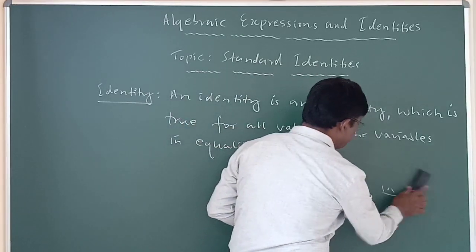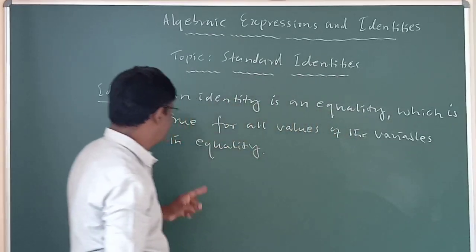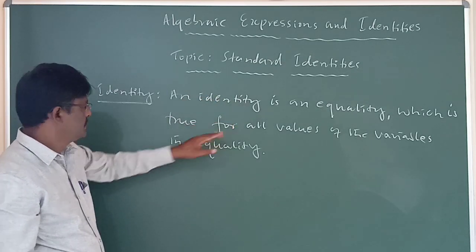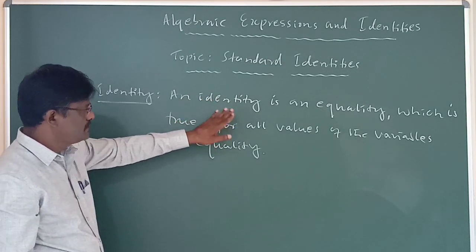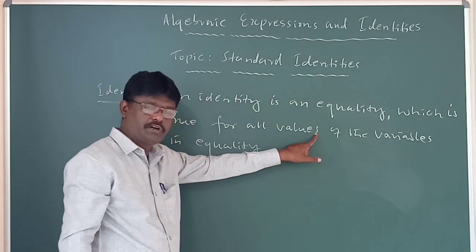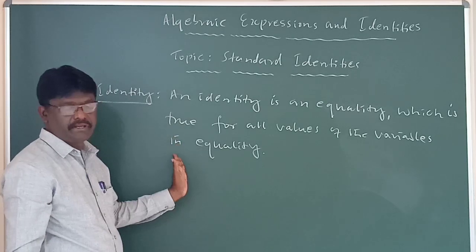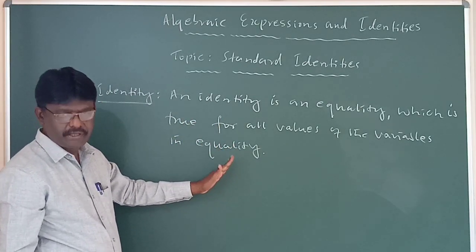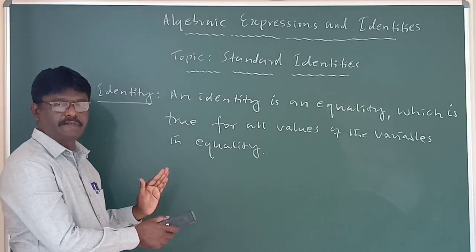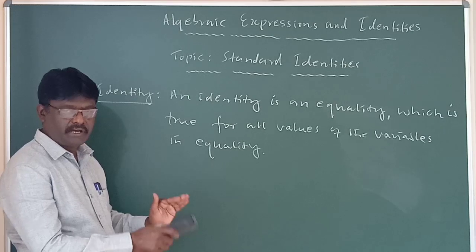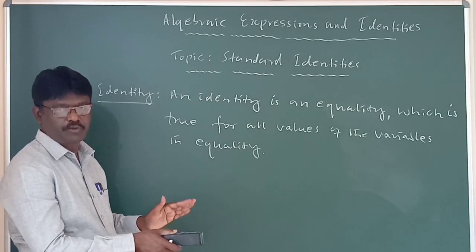But the definition of an identity says, an identity is an equality which is true for all values of the variables involved in that equality. Today we shall discuss two identities, the most basic identities, and we will do some problems on that.